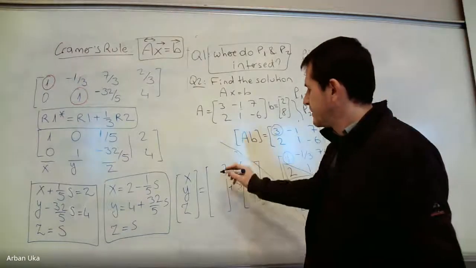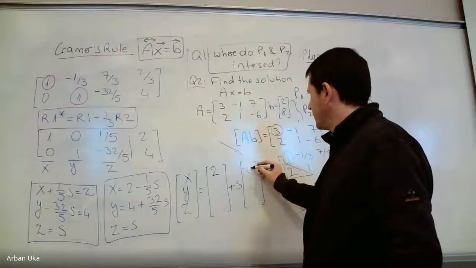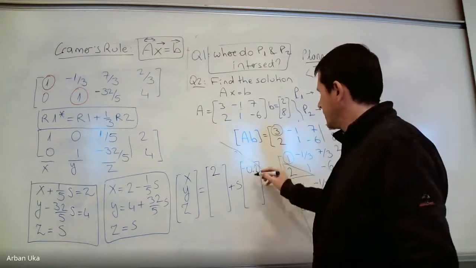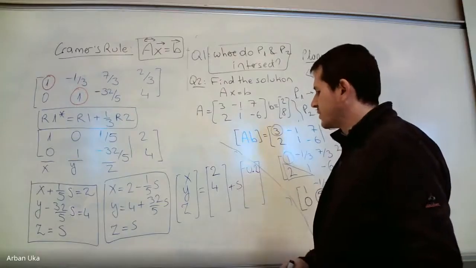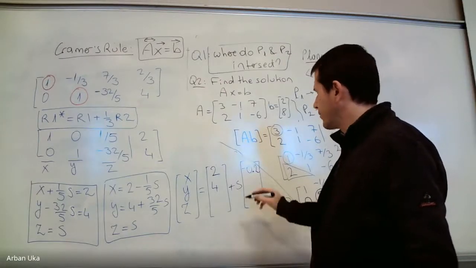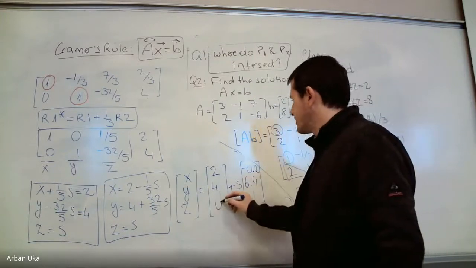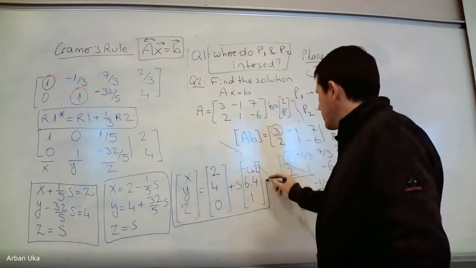Sorry, say it again. 2, 4, no, it's at the y component. Yeah, I mean there, yes. 32 over 5. What is 32 over 5? This is 6.4, right? And then we have 0, 1. So this is the solution of the system.